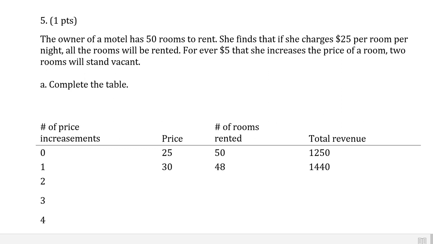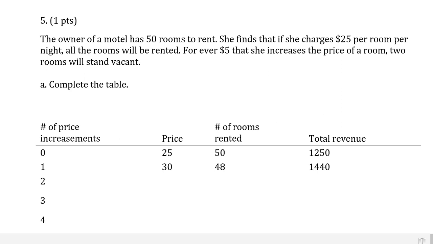And to complete the table below, we're going to start with the base price of $25 and fill in the column for price based on how many price increases there were, and then the number of rooms rented. And so at the price of $25, all rooms would be rented, which is 50 rooms.